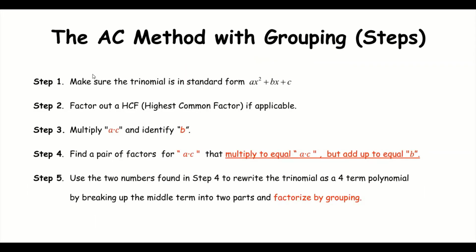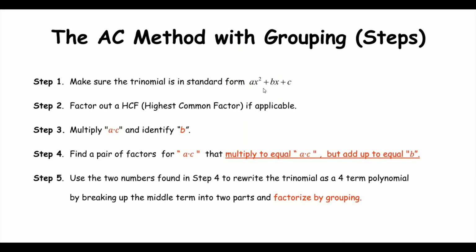Now that you're warm and ready to go, we can begin factorizing a quadratic expression using the AC method and factorization by grouping. First, we're going to ensure that our quadratic expression is written in the form ax squared plus bx plus c. Then, we're going to factor the highest common factor.